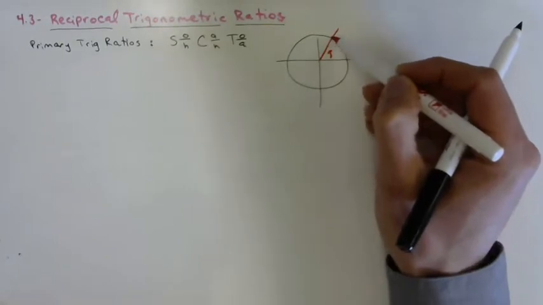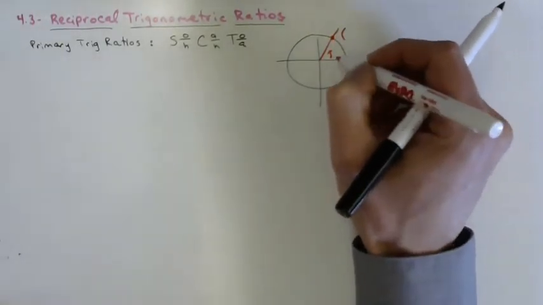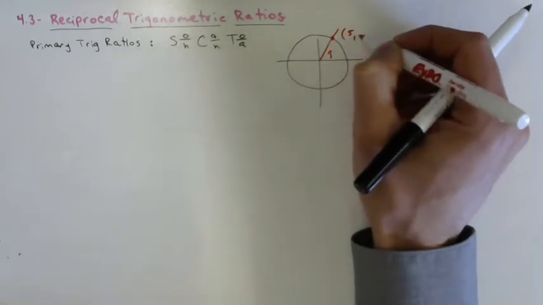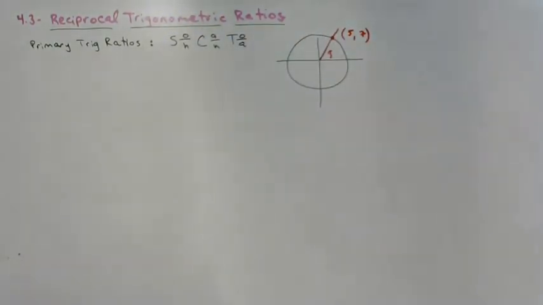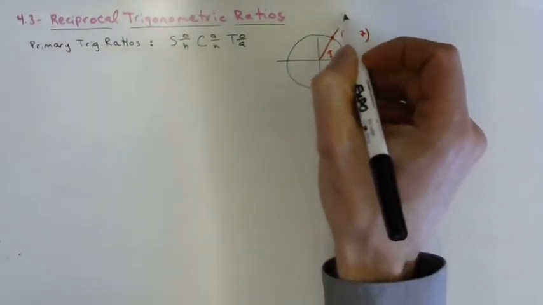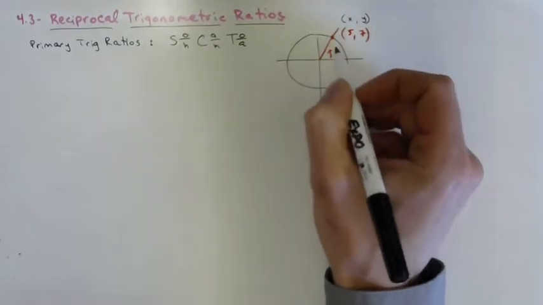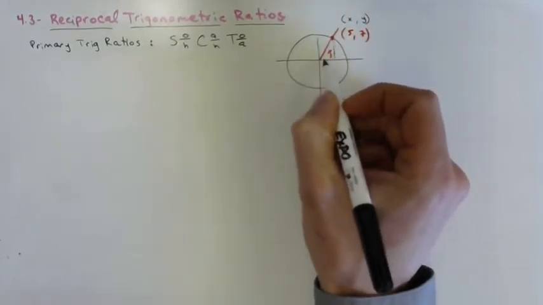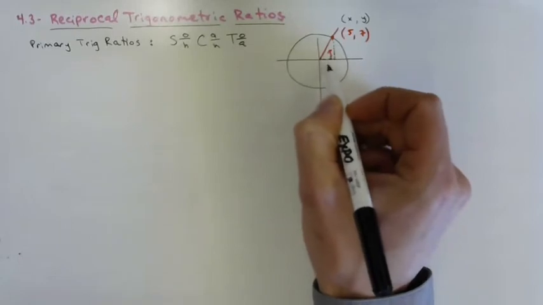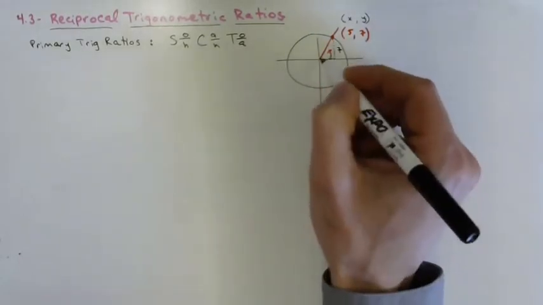This one's easy because it's in the first quadrant. Let's say it goes through the point 5, 7. Well, that tells us the x value and the y value. If we have a right angle triangle here, we know that this length is 5, this length is 7, and all we would need to do is find the hypotenuse.